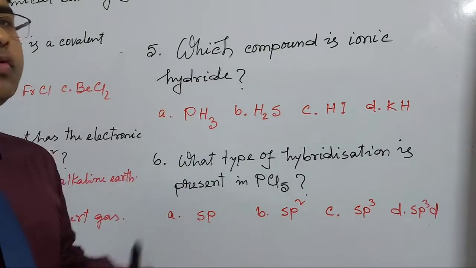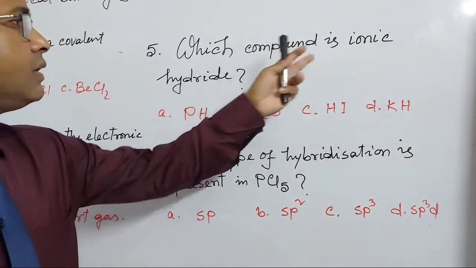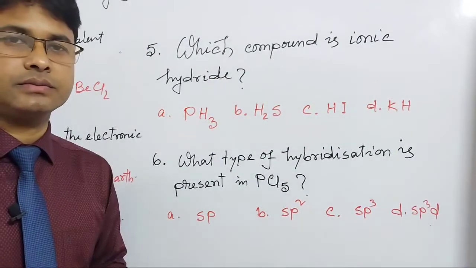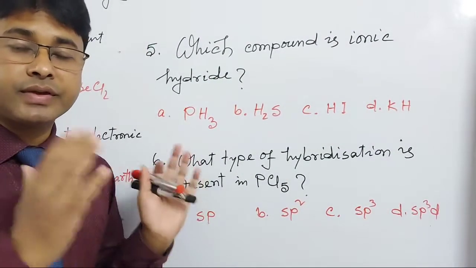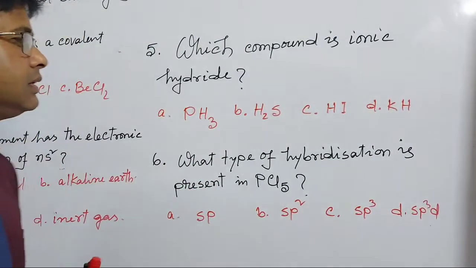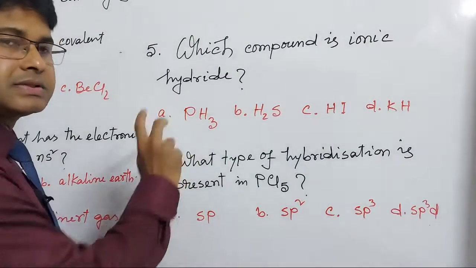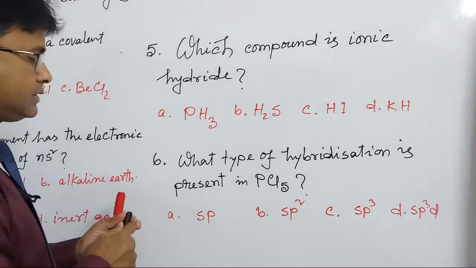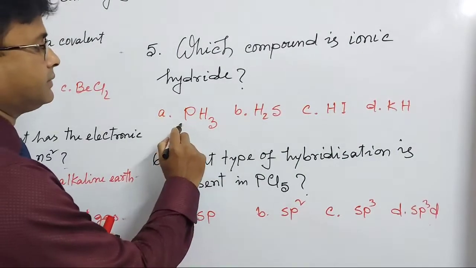Question number 5. Which compound is an ionic hydride? Students, the atom of an element combines with hydrogen to form hydride compounds. Here phosphine is a hydride compound, but phosphorus is a non-metal.